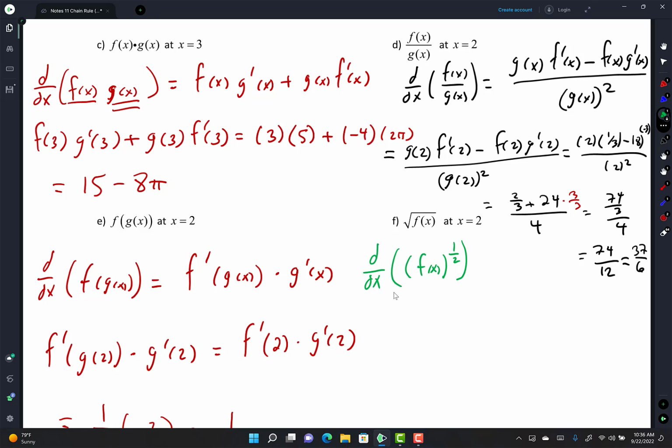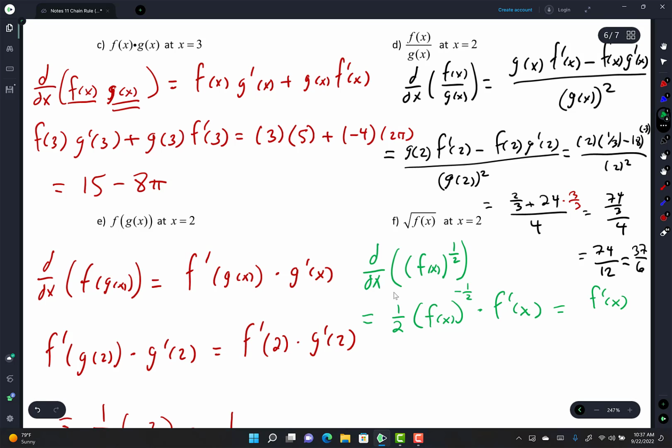So here it is, and this is why I changed the color so it's easy to see. Bring the 1/2 down. Leave the inside alone. To the power, what power? -1/2. Times what? f prime of x. If you want to rewrite it, here's how it's going to look. f prime of x in the numerator. In the denominator, you put a 2. That's from the half. Square root of f of x. Cool, right?